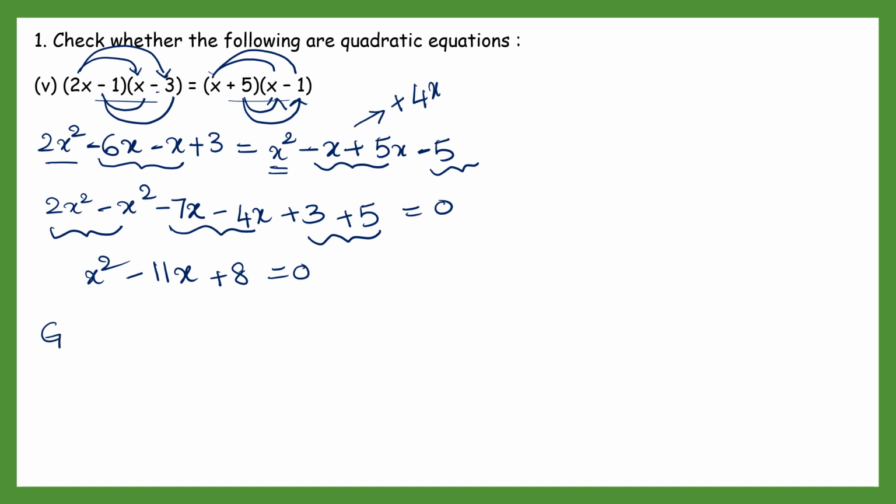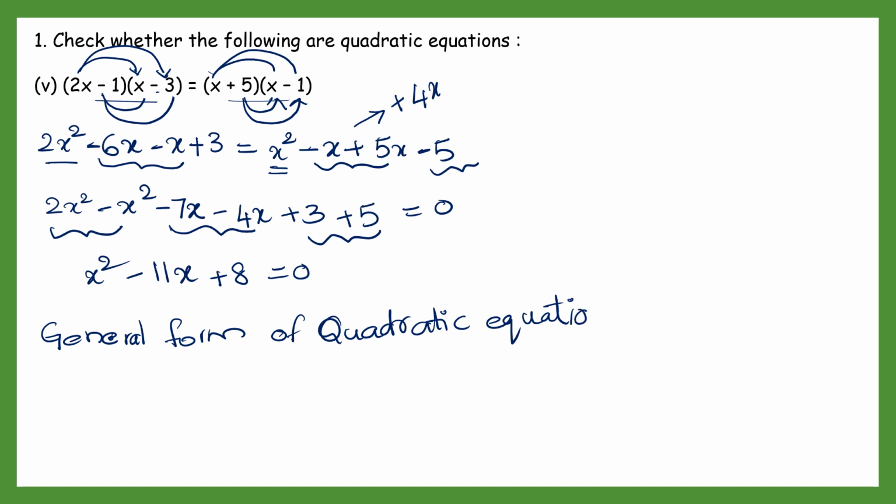Now, to check if it is quadratic or not, you should compare with the general form of a quadratic equation. The general form of a quadratic equation is ax square plus bx plus c is equal to 0, and a should not be equal to 0.